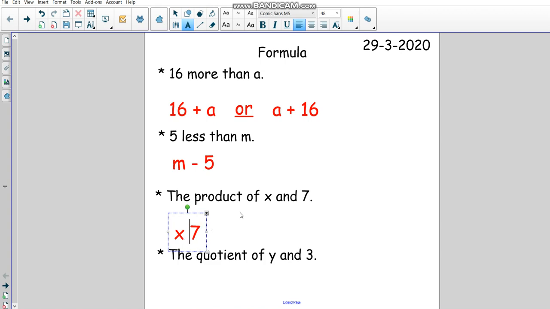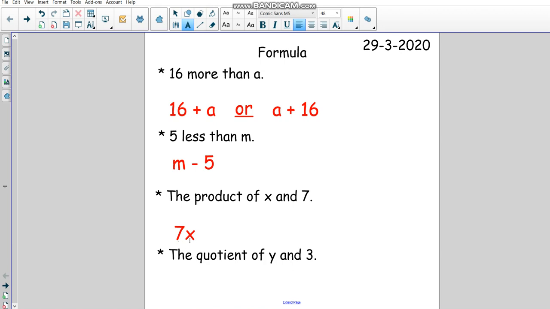How to write x times 7? I always get rid of my multiplication sign, which is the x, and stick my letter to my number to call it 7x.